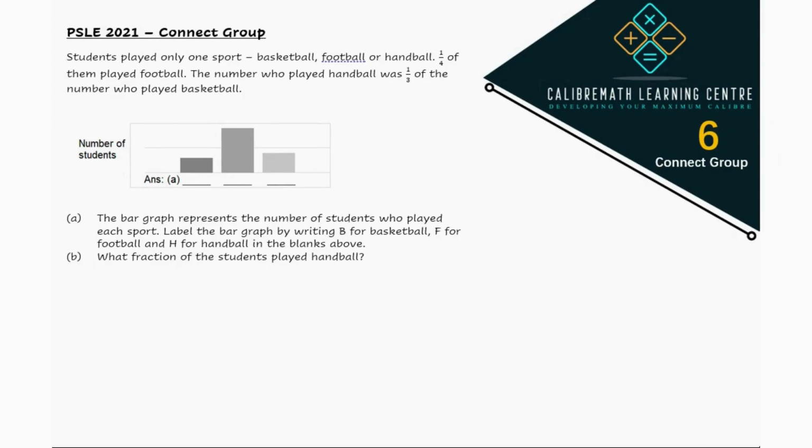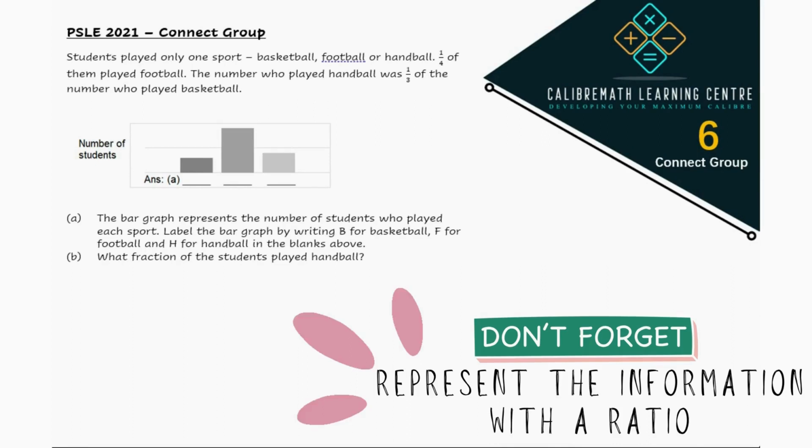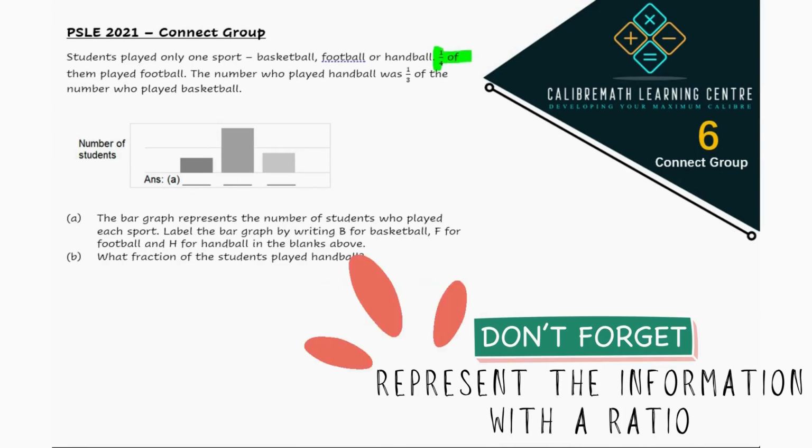As per our standard practice, we need to represent the information here in either ratio, model, or statement. So in this case, we will choose to represent the information in ratio. Now, let's look at this part of the question. 1/4 of them played football.